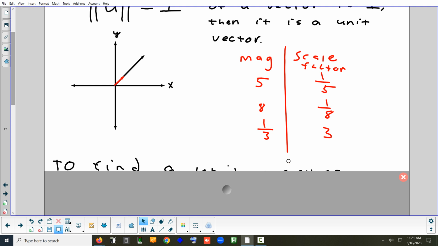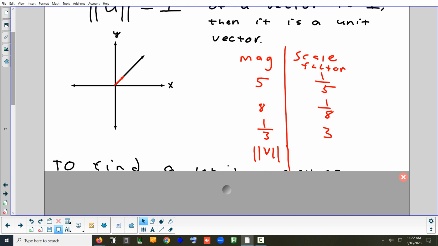So now, what if you had a vector that had a magnitude of, I don't know, let's just say whatever number that is, that's the magnitude. What would you scale this by? Yeah, you always scale it by the reciprocal.